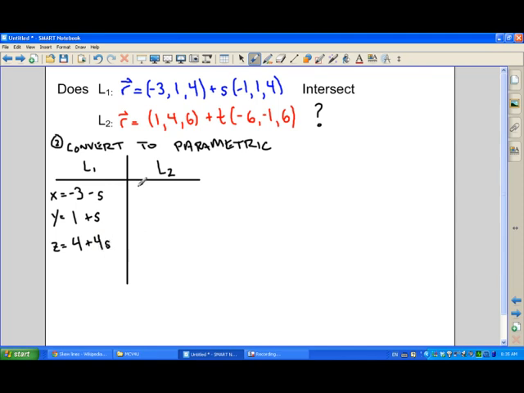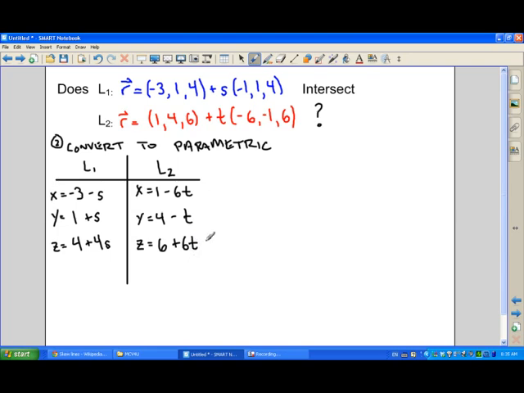And for line 2, x is going to be equal to 1 minus 6t, y is going to be equal to 4 minus t, and z is going to be equal to 6 plus 6t.